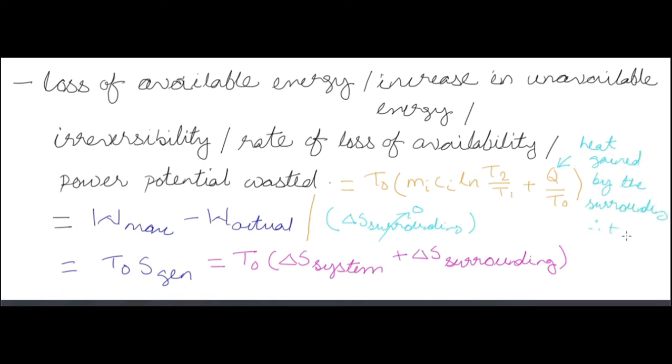If we are considering the entropy change of the surrounding to be 0, we can take that also, if it is an insulated system, delta S surrounding would have been 0.